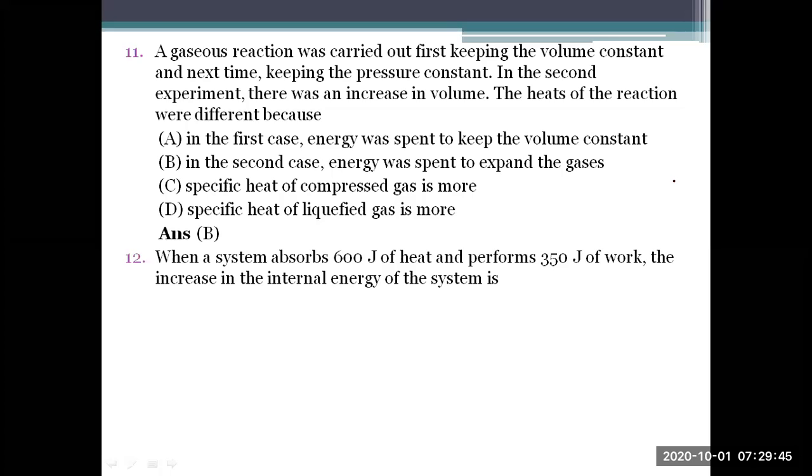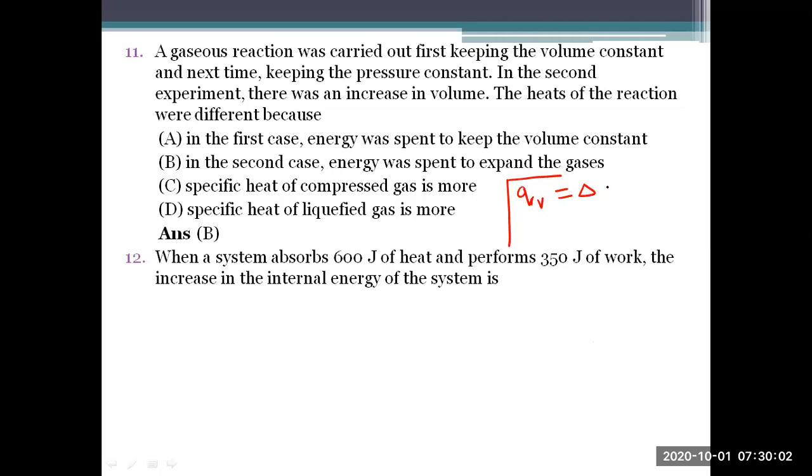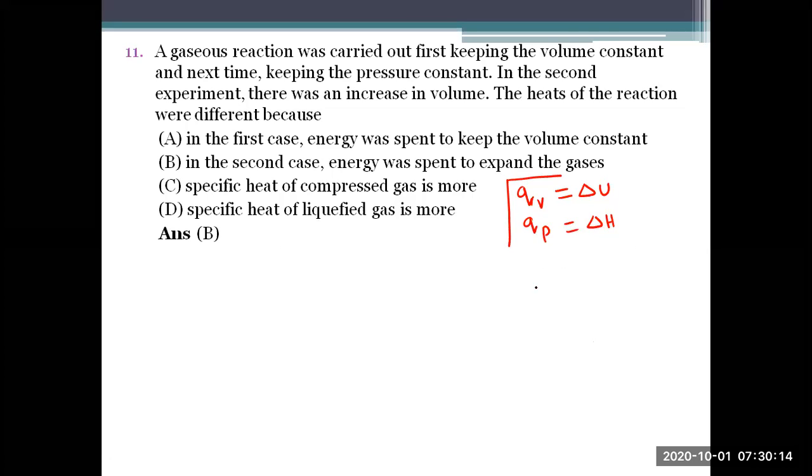That's why you should remember this. Heat change at constant volume, what is it? Heat change during a reaction, keeping the volume constant, will become equal to delta U. Similarly, heat change at constant pressure will become equal to delta H. If you want me to elaborate on that, I'll just give this, you can copy down.